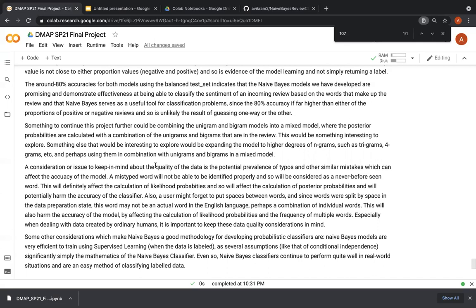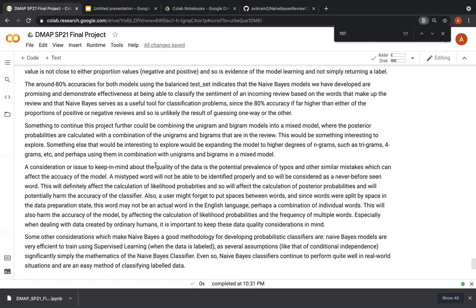It'll affect the posterior probability, and that will affect the classification of that review in the test stage. So typos impact the likelihood and the posterior probabilities, and potentially the accuracy of the model itself, because we have no way of knowing that a mistyped word is truly another word. It'll be classified as a new word, which provides issues in training and test stages, with a likelihood probability of close to zero.